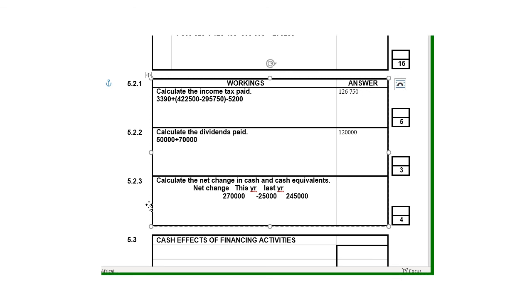And it would mean that to get from a positive to a negative, I had to actually spend the whole 245,000 plus a further 25,000. So I spent 270,000. So my cash and cash equivalents change is minus. Important with the cash flow statement, you must put it in as a minus if it's an outflow, and that is minus 270,000.